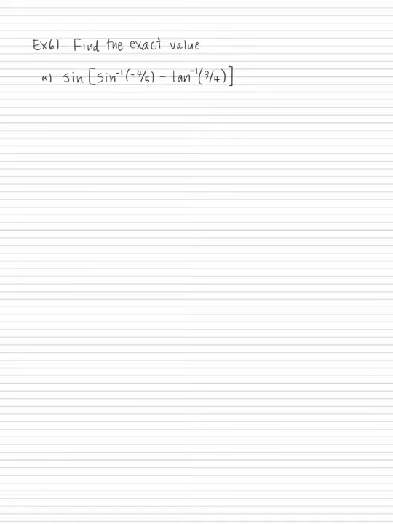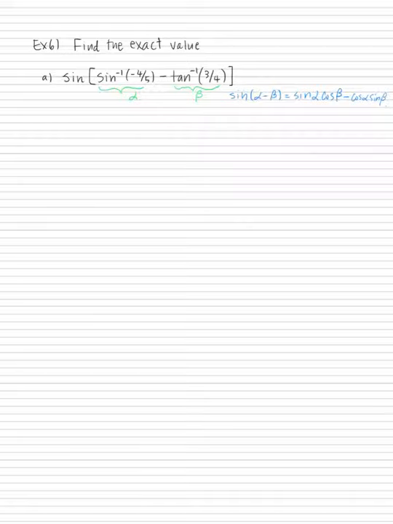Okay, so first, let's consider sine inverse of negative 4/5 to be alpha, and think of this as our beta. So this is of the form, let me just try to squeeze this in, sine of alpha minus beta, which is sine of alpha cosine beta minus cosine of alpha sine of beta.